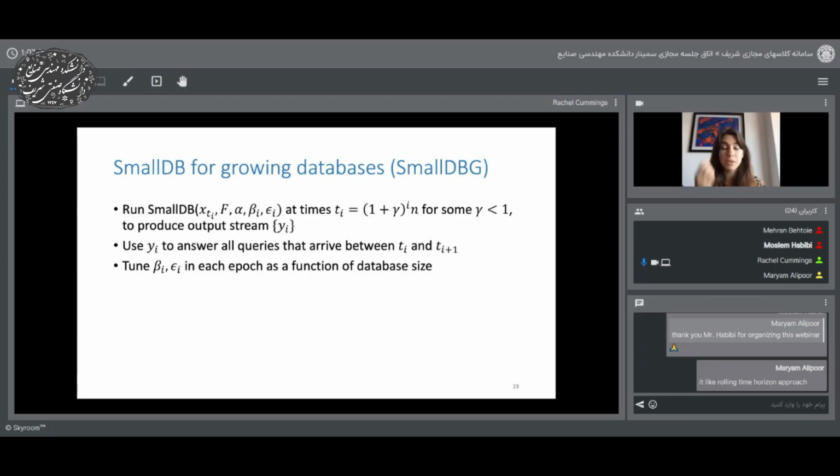And so we're now going to apply our black box scheduler using small db as our black box, and we're going to call this small dbg, which is small db for growing databases.